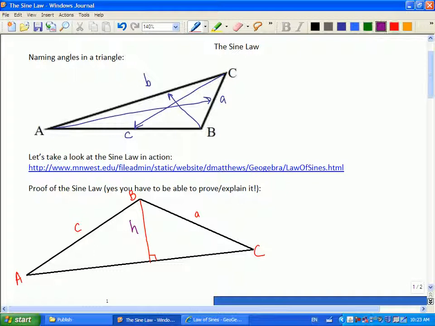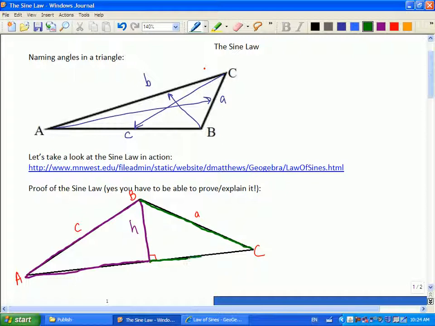You don't need to do this in your notes, but I want you to think about this purple triangle that I'm going to highlight, and this green triangle that I'm going to highlight here.